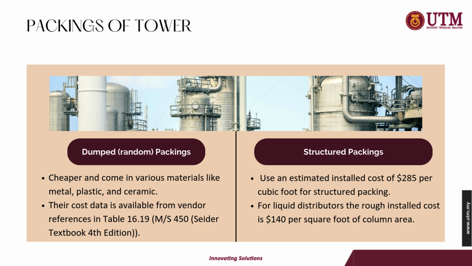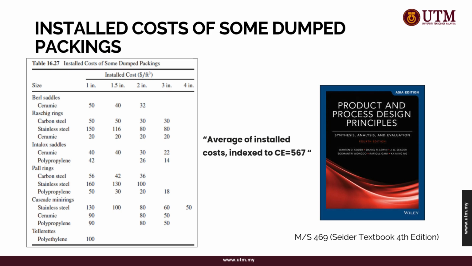The redistributor is recommended every 20 feet of packing height for optimal performance. Table 16.27 here is for the install cost of dump packings, which was developed by taking the average of those costs indexed to CE equals 567 and adding some additional values from vendors, including cost for 6 different dump packings and 5 different materials.